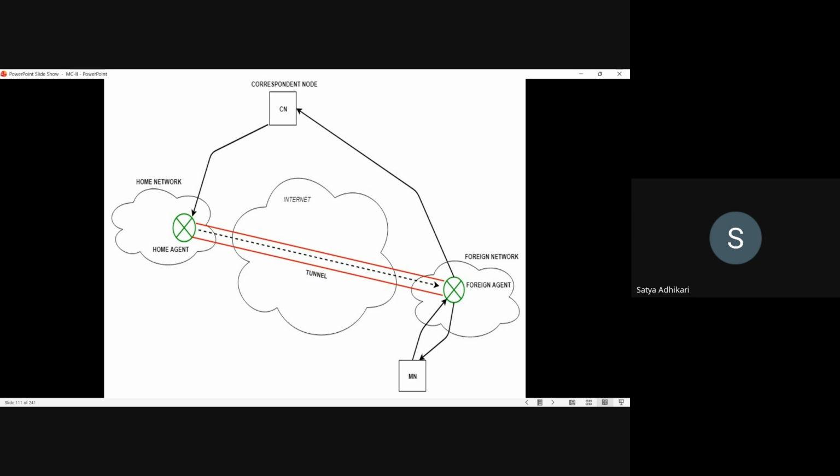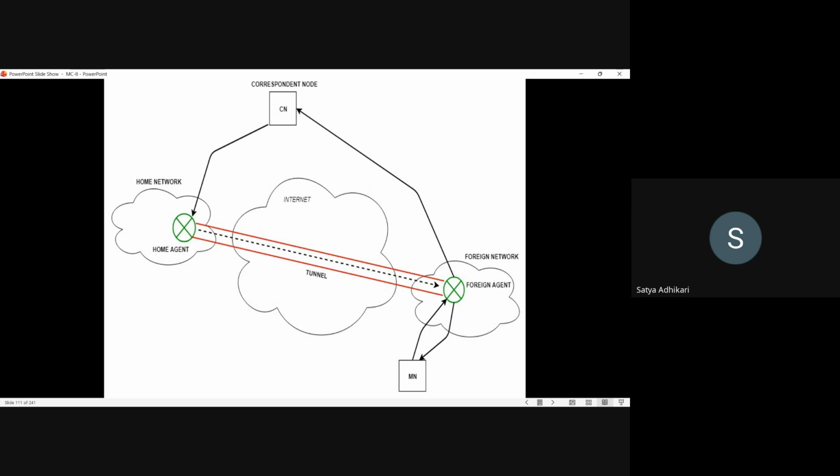Now the packet reaches the foreign agent from the home agent. The foreign agent knows the address of the mobile node, so it delivers data to the mobile node. The mobile node gets it. And there is an acknowledgement from the foreign agent to the correspondent node directly.